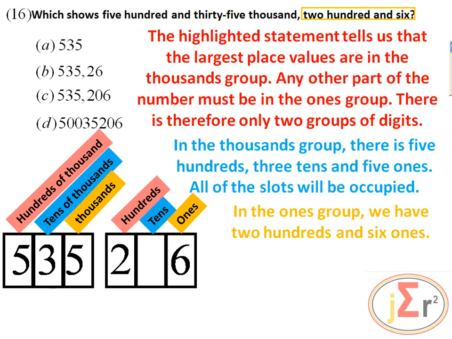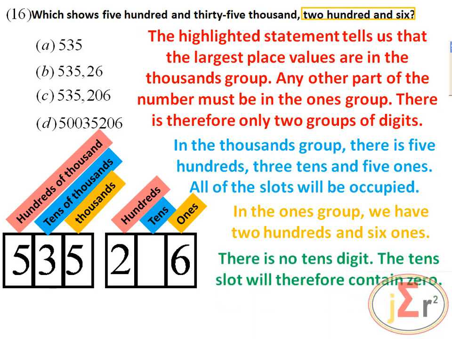206 ones, and what will happen to the tens? There is no tens digit. The tens slot will therefore be occupied by a 0. There it is. So with no tens is represented by 0 tens.